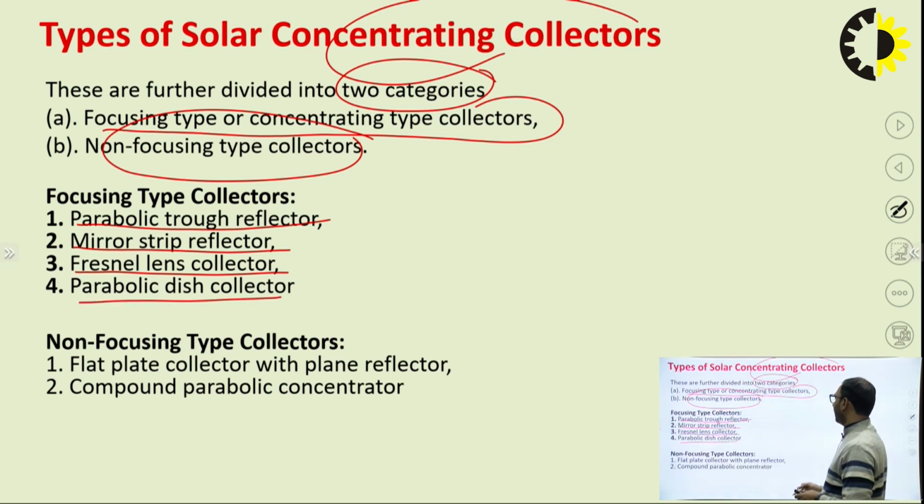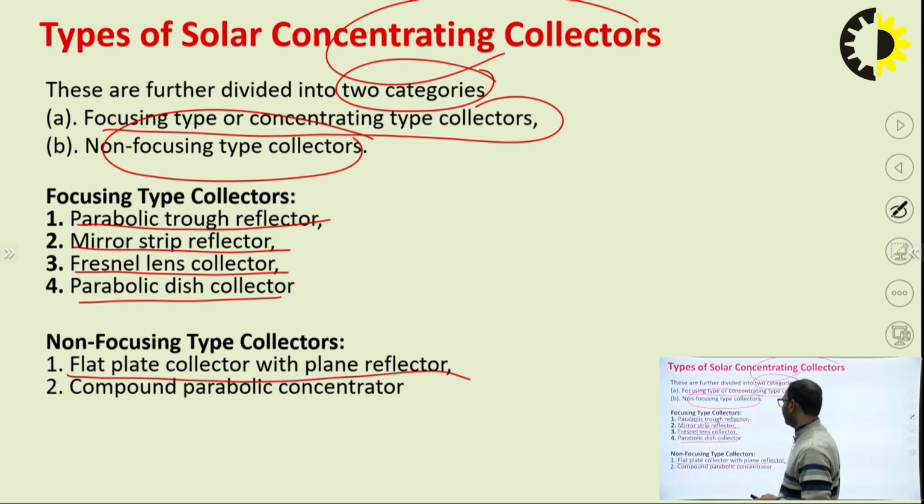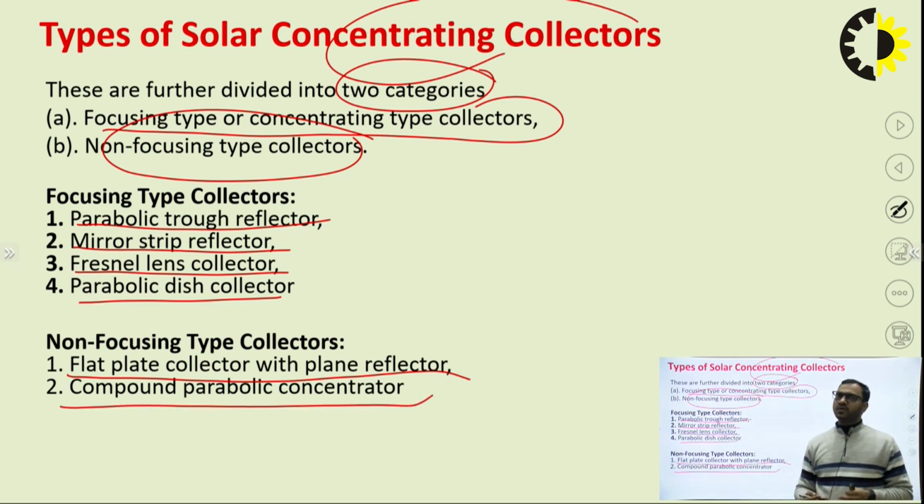And non-focusing type collectors are also classified into two types, which are flat plate collector with plane reflector and compound parabolic concentrator. So in subsequent slides, I will discuss one by one in detail about different types of concentrating collectors.